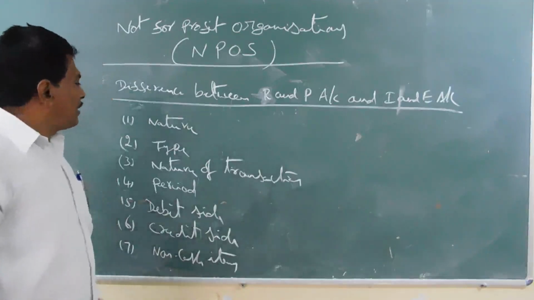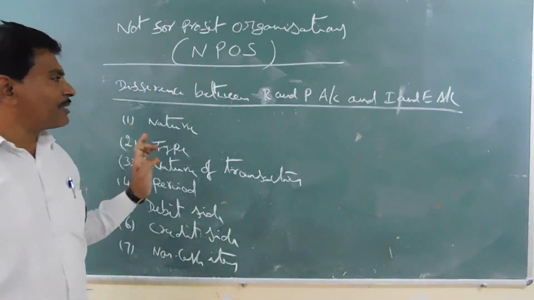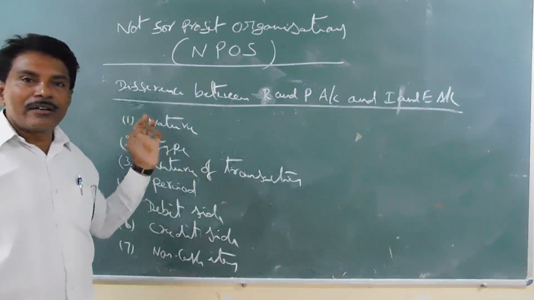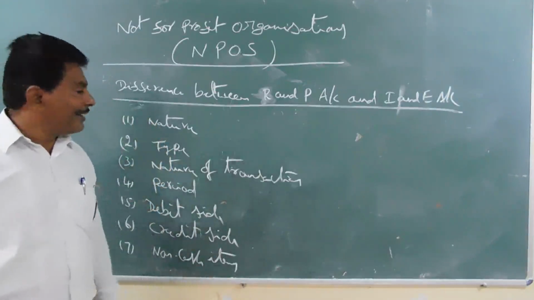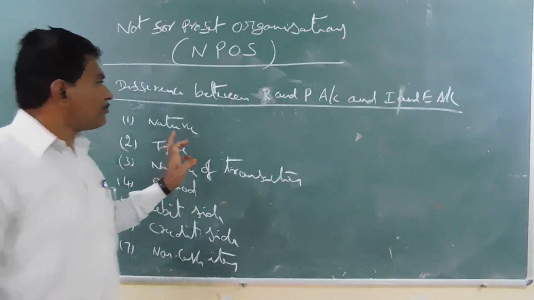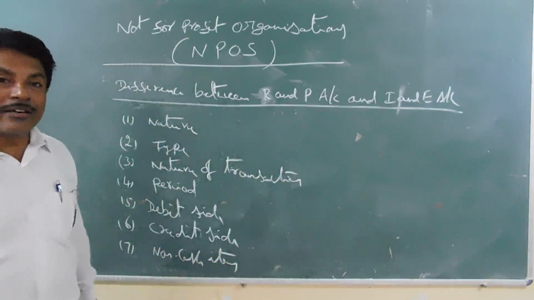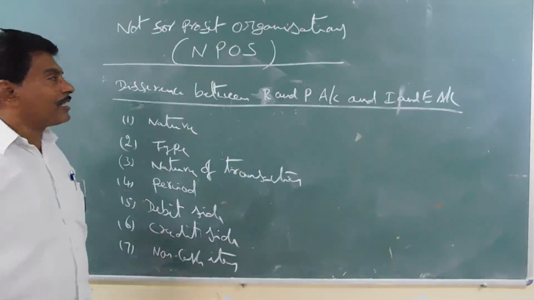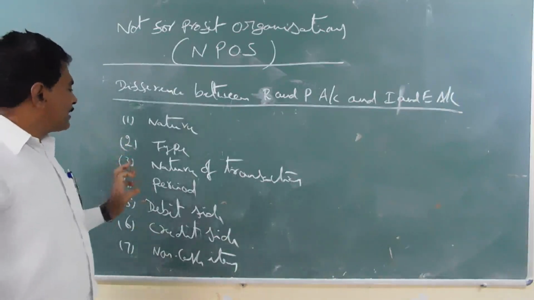Second difference, receipts and payments account is a real account because it is prepared on the basis of the cash account. That is why it is said to be a real account. Whereas income and expenditure account is said to be a nominal account because it is prepared with the help of the receipts and payments account.